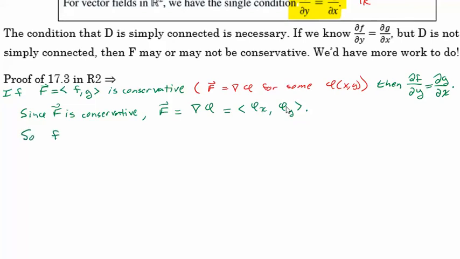So little f is equal to, and let's write it this way, partial phi, partial x, and little g is equal to the partial of phi with respect to y, right? So it's just the same notation. This notation means this notation right here.